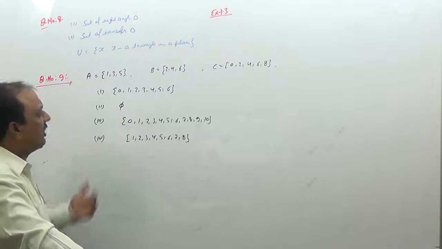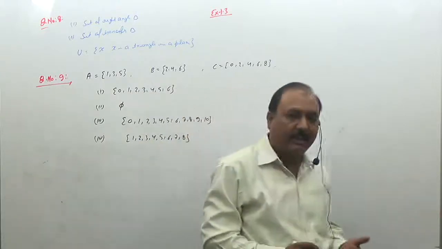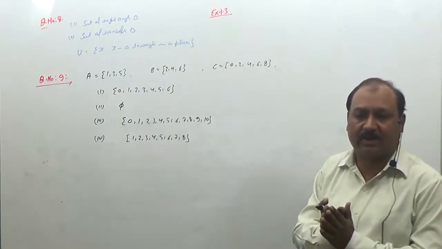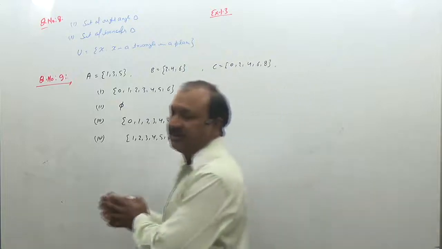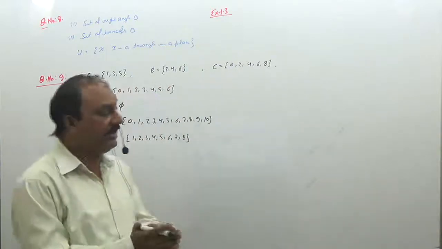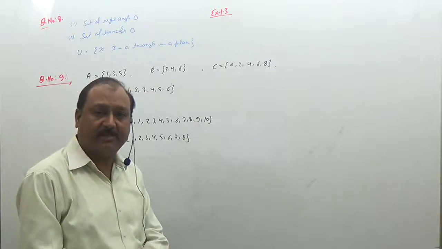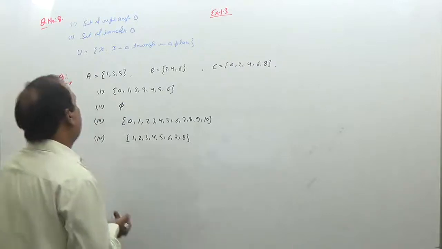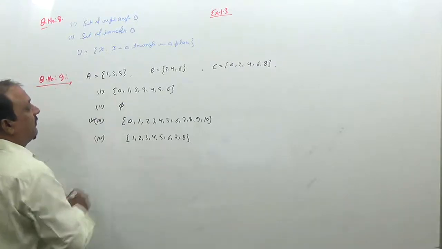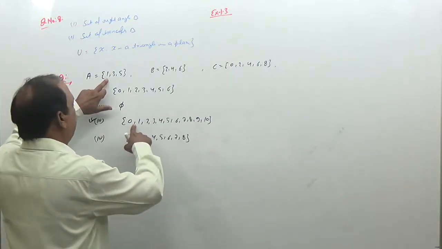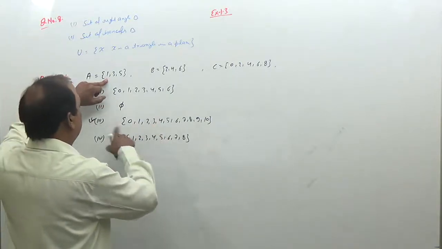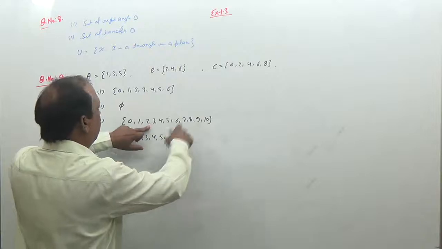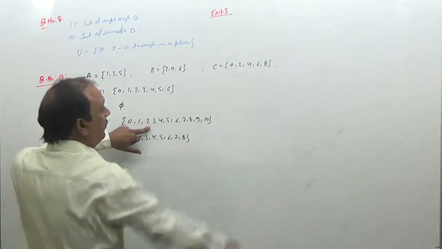So we search for the universal set of set A, set B, set C, that is a set which contains all elements of set A as well as all elements of set B and set C. A set which contains all elements of A, all elements of B, all elements of C will be the universal set of A, B, C. So I think this may be the third. The third set contains all elements of set A, 1, 3, 5. The third set contains all elements of set B, 2, 4, 6. And it contains all elements of set C, 0, 2, 4, 6 and 8.